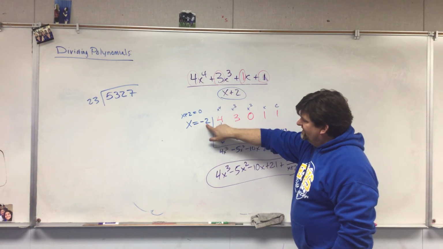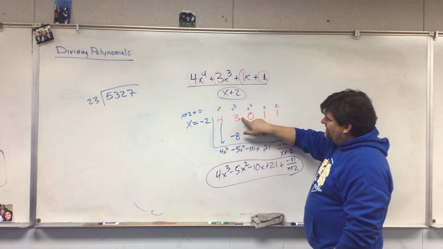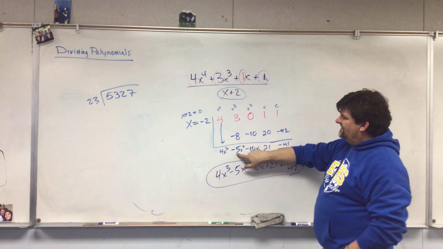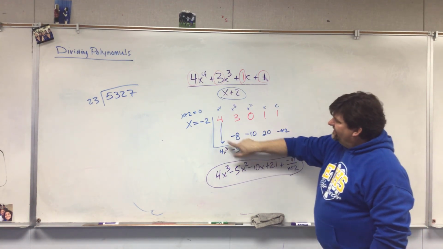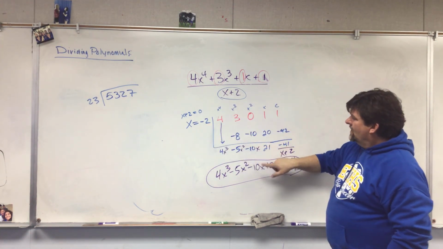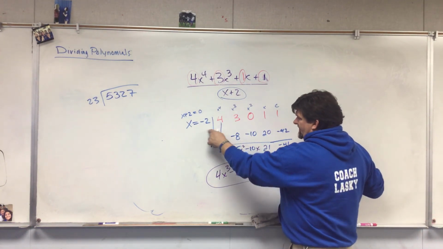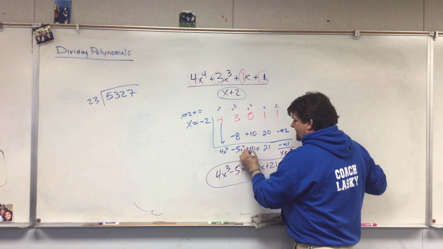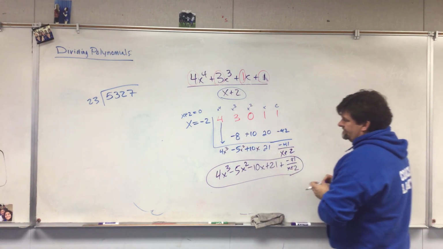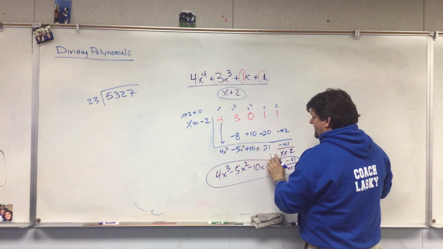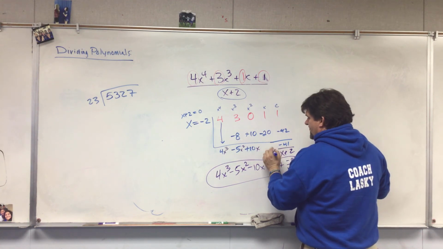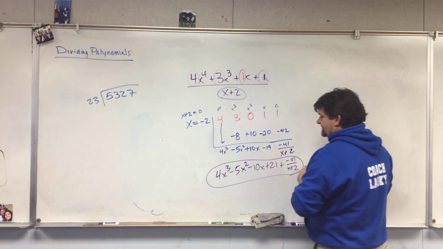4 times negative 2 is negative 8. 3 plus negative 8 is negative 5. Negative 5 times negative 2. Oh, I messed up right there. See, this is why you go back over your work. This is going to be a positive 10. This would be a negative 20. This is a negative 19.